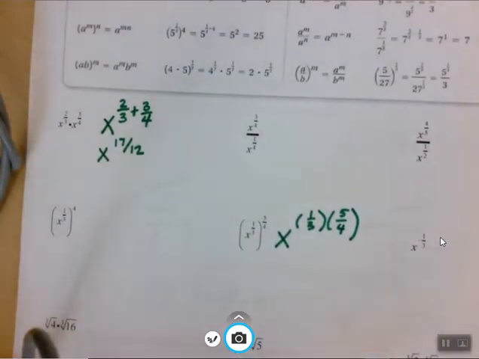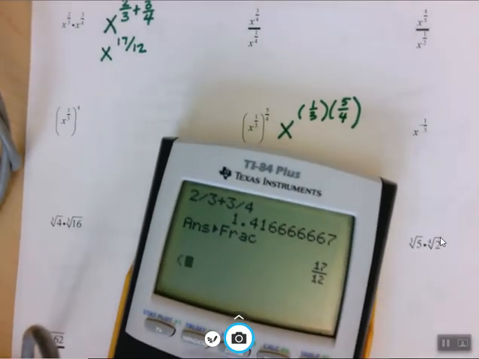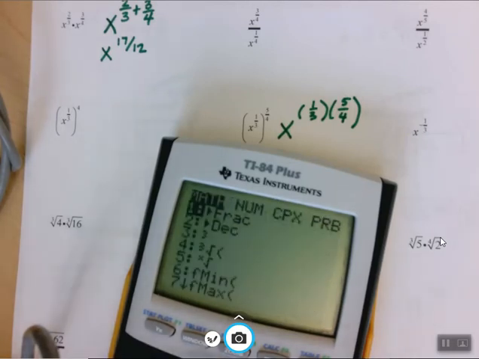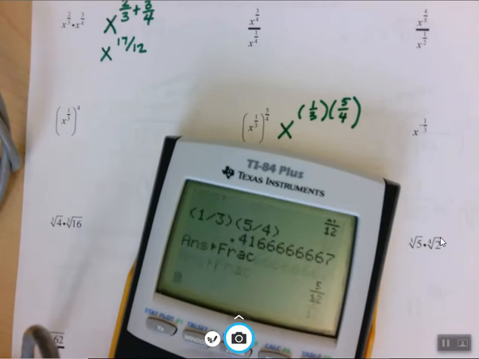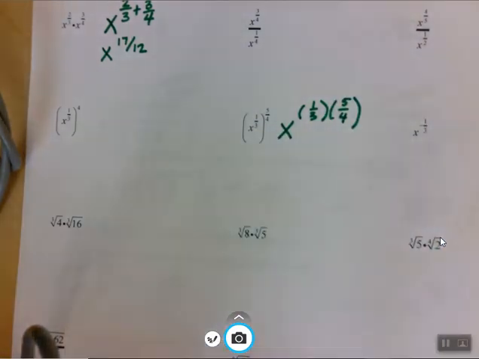But if you want to, you can also do that on the calculator. So we're going to do parentheses 1/3 times parentheses 5/4. And then you get something like that, and then you press math, and you choose fraction, and you get 5/12. So this is going to be x to the 5/12.